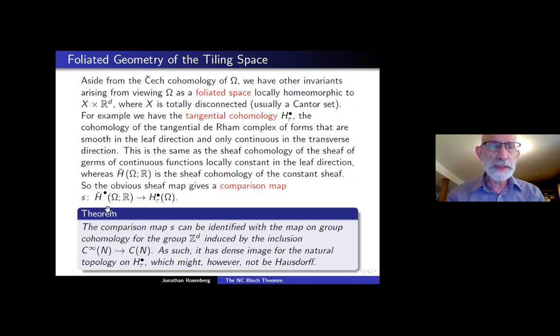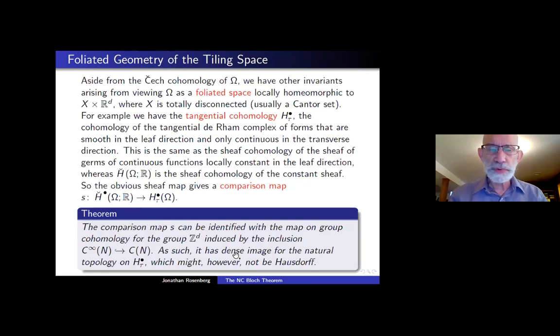So Čech cohomology, remember, was the group cohomology of C infinity functions, and tangential cohomology is the group cohomology of continuous functions. So this map over here, of course, is an inclusion with dense image, but just because a map here is an inclusion, it doesn't mean that the map on cohomology is necessarily injective.